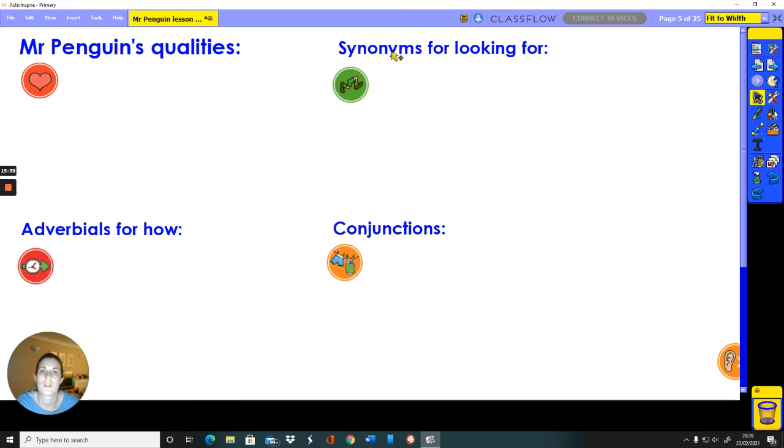We're going to look for synonyms for this phrase, looking for. So other words that mean the same as looking for. Adverbials for how. How does he approach his adventures? How is he going to be a good adventurer? And the last one, the conjunctions, the whilst, the when, the if, and the and. Okay.